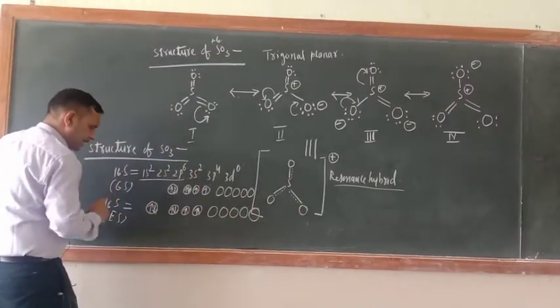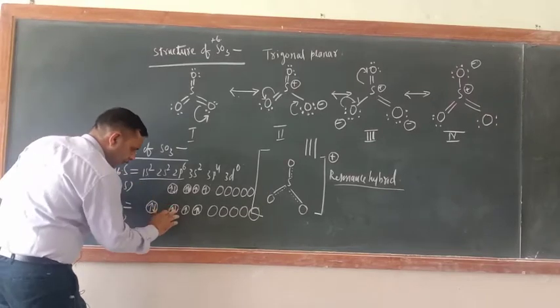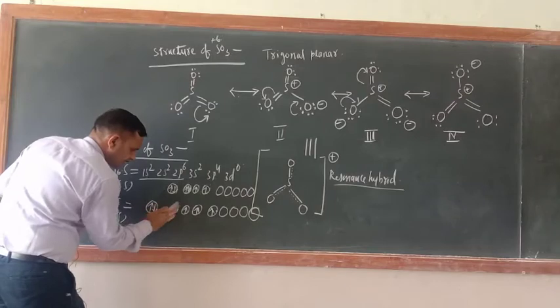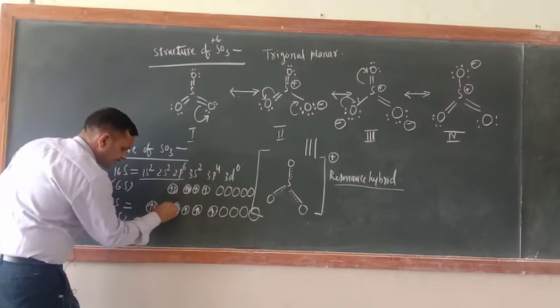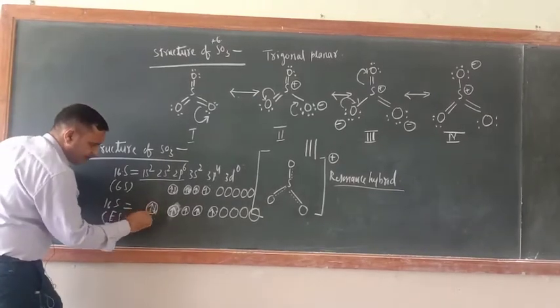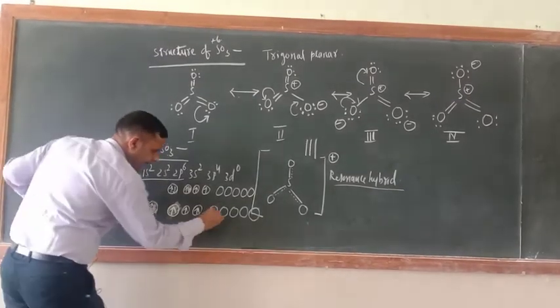Right now the excited state will be brought. One electron from here will go here, in 3p. Similarly, one electron from here will go here.